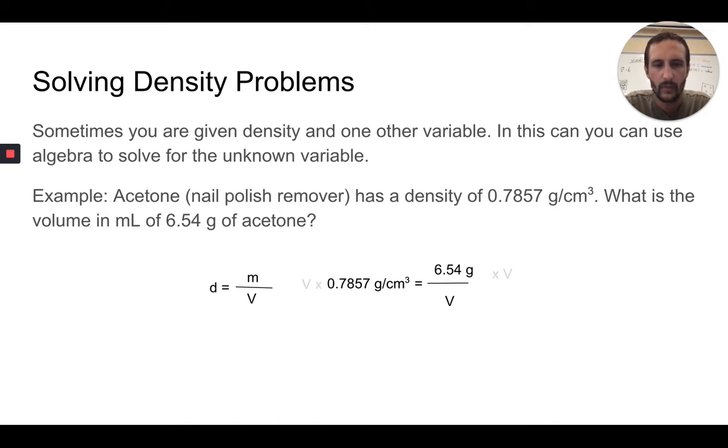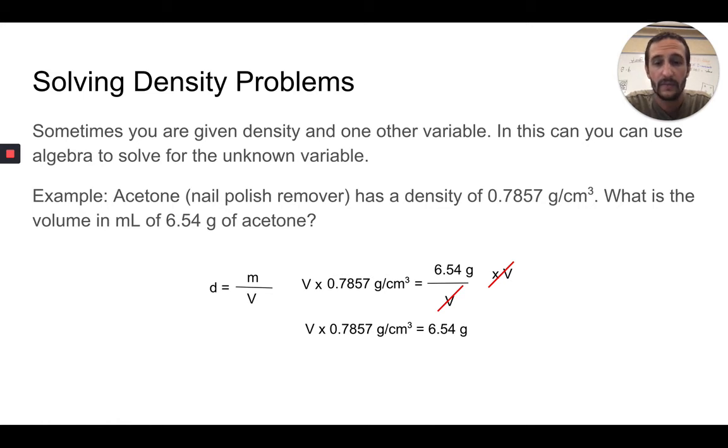I'm going to multiply both sides of the equation by volume, and I'm just using the placeholder V. Notice that if you multiply by volume on the right side of the equation, volume cancels. What you're left with is volume times 0.7857 grams per centimeter cubed equals, in this case, the mass, 6.54 grams.